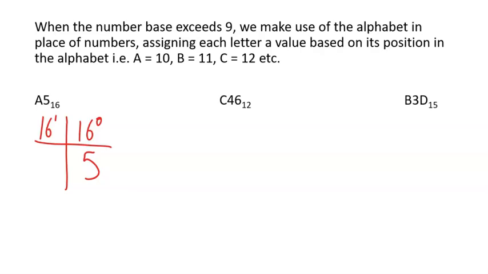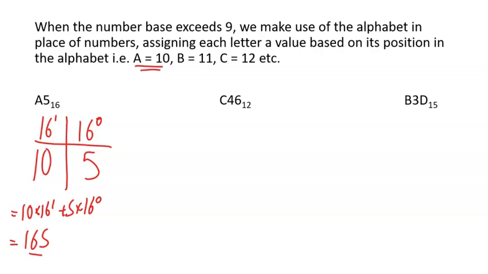So my 5 is going to be 16 to the 0, but A, we're going to represent it by 10. So what that then means is I've got 10 of 16 to the power of 1s, plus 5 of the 16 to the power of 0s. What that then means is I've got 10 times 16, so 160, plus 5 1s, so it's 165 in our base 10 number system.